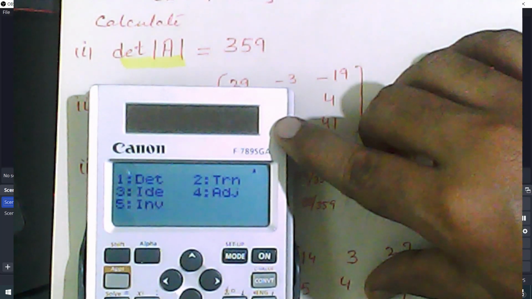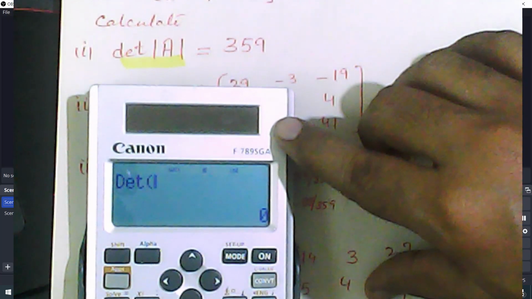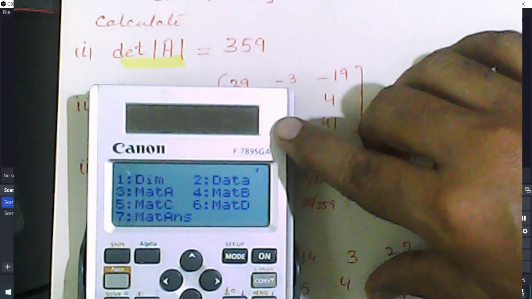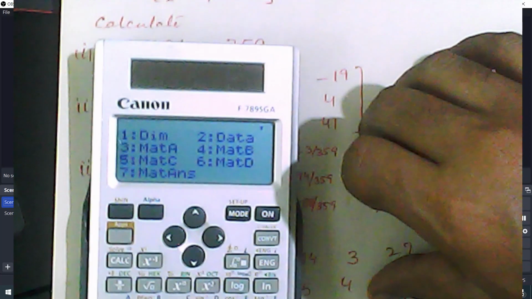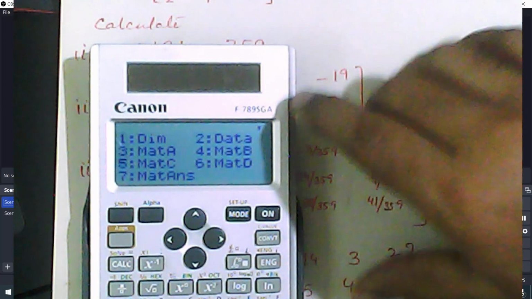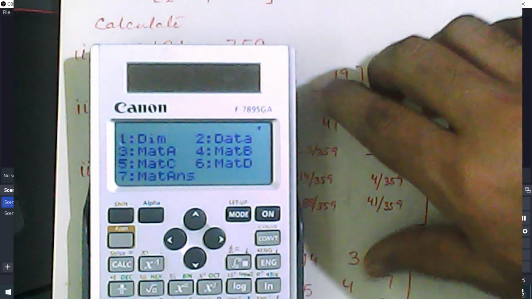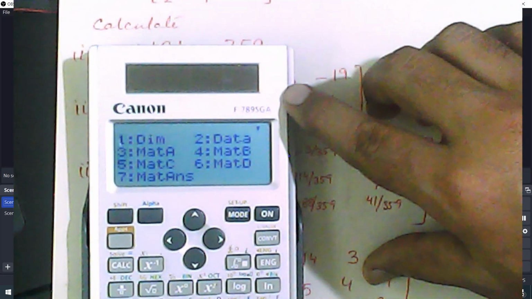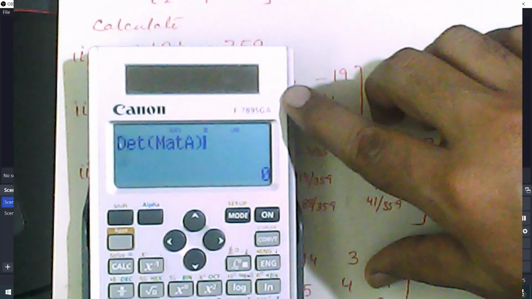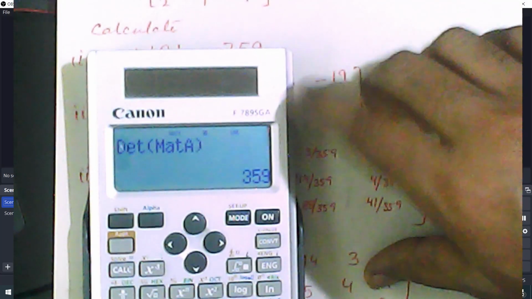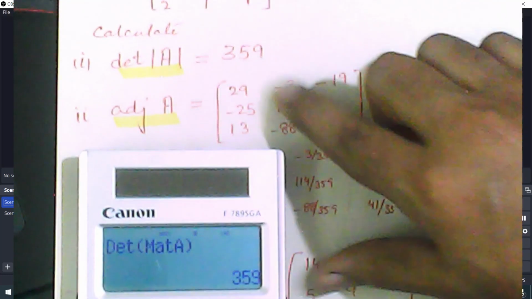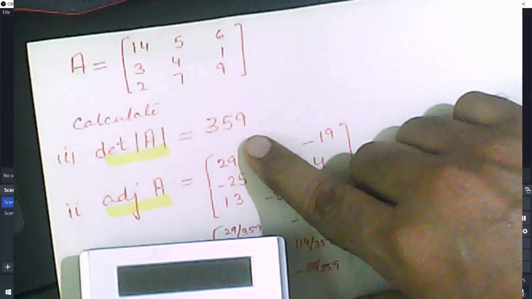For that we are going to press 1, and again we go to the application phase of this calculator. Once we go to the application phase, now we have to write our matrix name, which was matrix A, so we'll write it as 3, 3, and we're going to close the bracket, and we will see the value of the determinant calculated is 359, and we can also verify it from the solutions, which is 359.